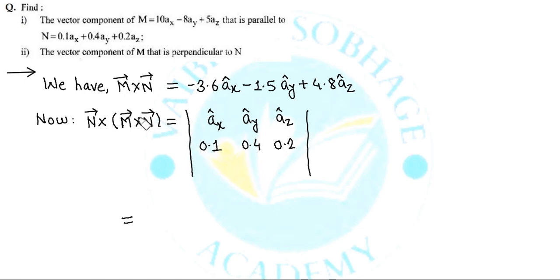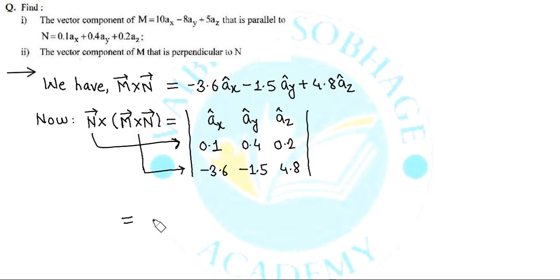Now we write the magnitudes of m cross n: minus 3.6, minus 1.5, and 4.8. Now this is the correct one. Very firstly write the magnitudes of n, and then write the magnitudes of m cross n.